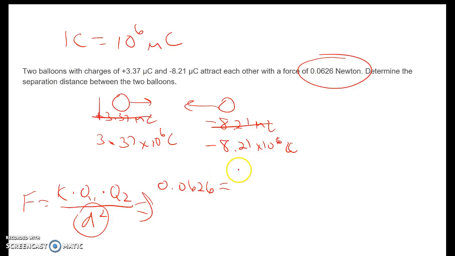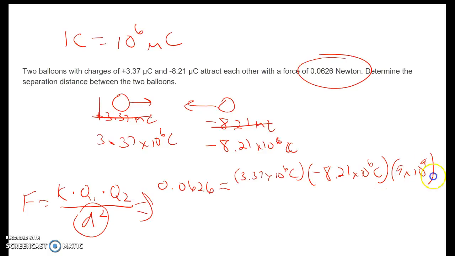That's equal to our positive charge of 3.37 times 10 to the negative 6 coulombs, multiplied by negative 8.21 times 10 to the negative 6 coulombs, multiplied by our constant, 9 times 10 to the 9th. The coulombs will cancel out, and then we want to find d squared.